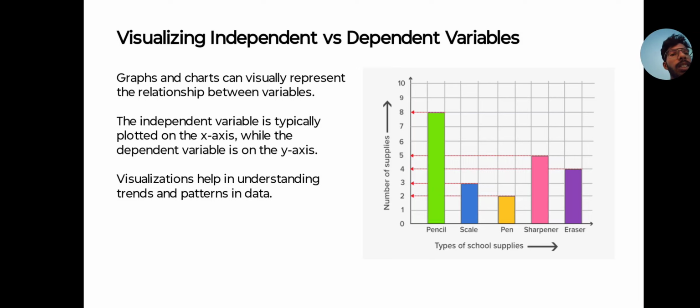Graphs and charts are a visual representation of the relationship between the variables. The independent variable is typically plotted on the x-axis while the dependent variable is on the y-axis. Visualization helps in understanding trends and patterns in data.